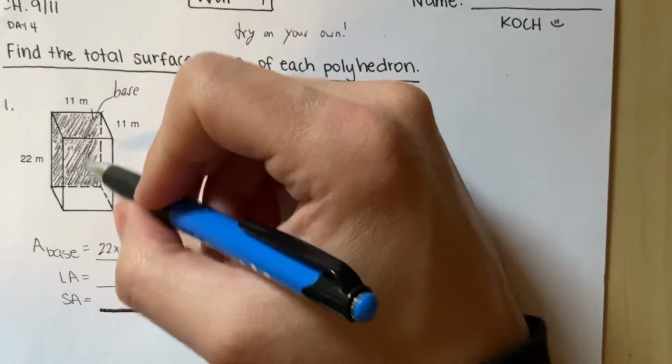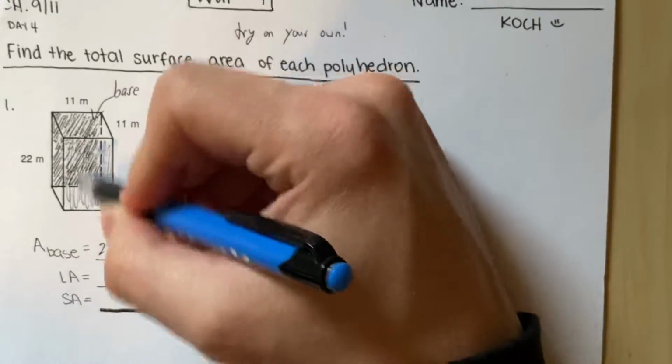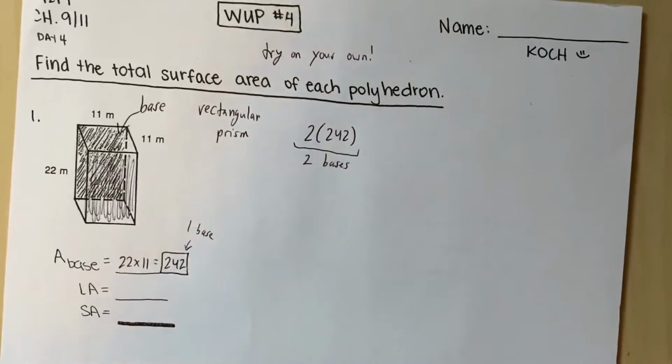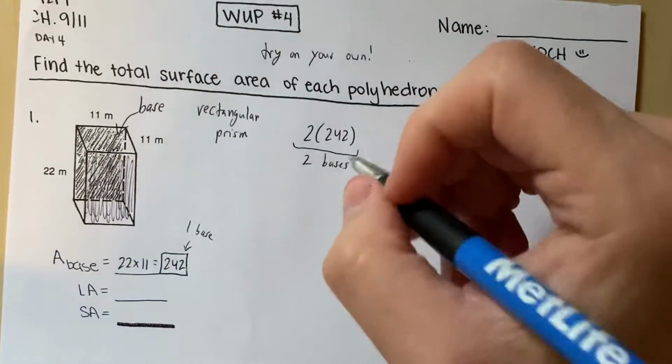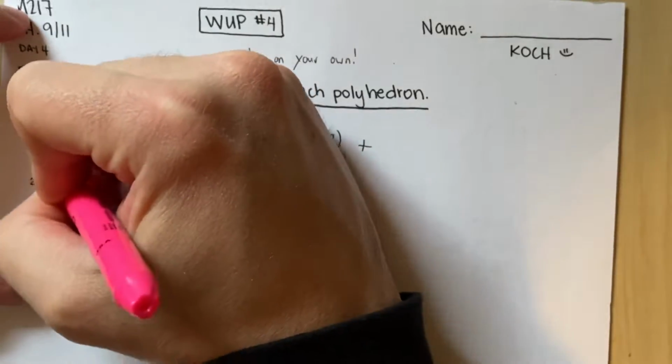So we've already used up the front and the back. Okay, so let's do the left and the right. Here's the left and here's the right.